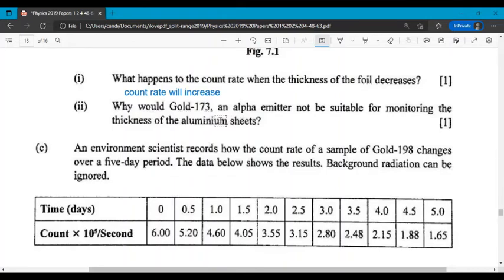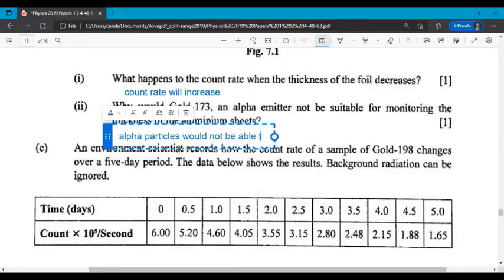So that would not be a good indicator because the count would always read 0. So that would not be useful at all. So alpha particles would not be able to pass through aluminum at any thickness.